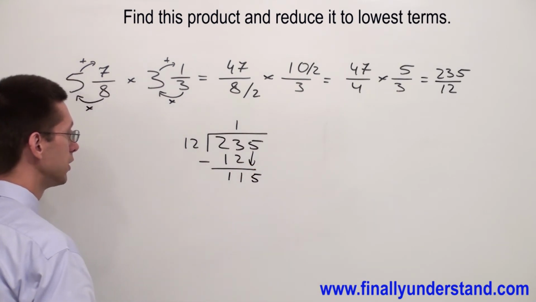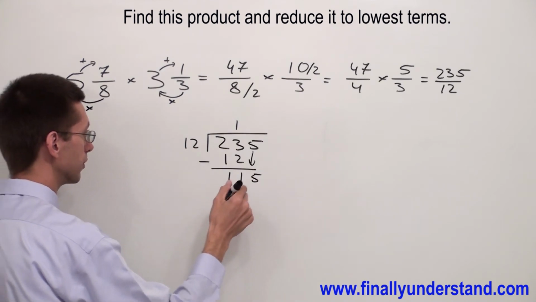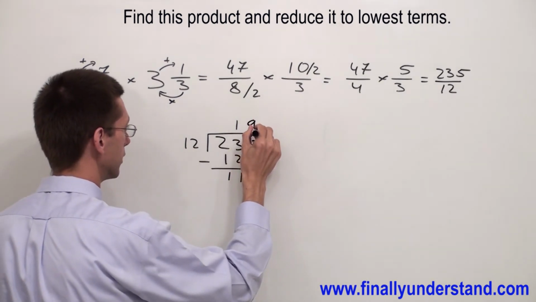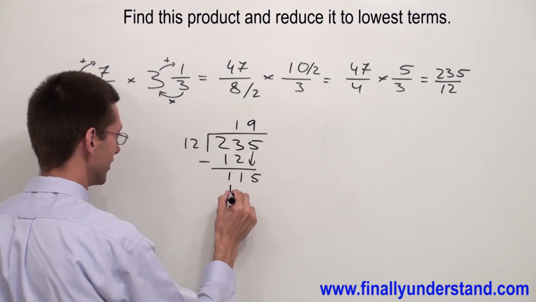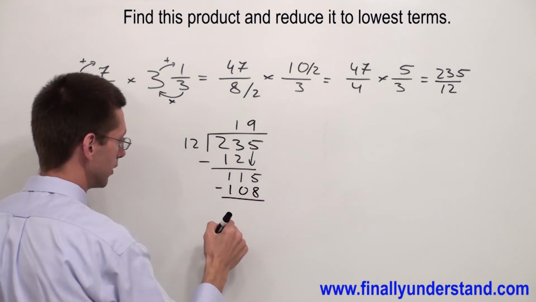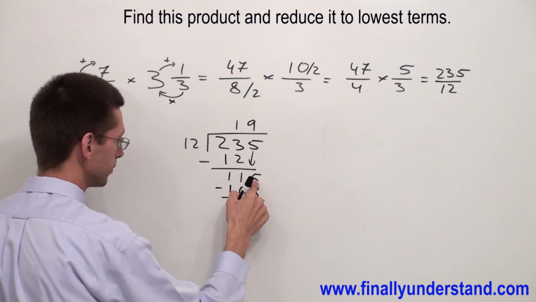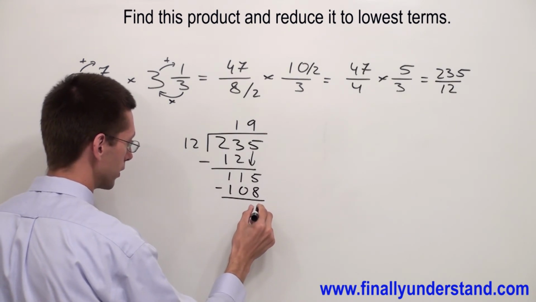The question is, how many times does 12 go into 115? 9. 9 times 12 is equal to 108. Now, 15 minus 8 is equal to 7.